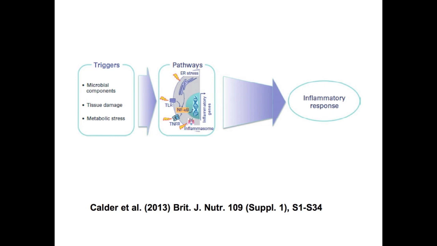The link between the presence of these triggers and the response is, of course, the molecular and cellular events that are initiated by the presence of the trigger. So there are, on the surface of many types of cells, receptors that respond to the presence of these triggers. They initiate what we call cell signaling processes, so things happening in cells, and maybe I'll talk about some of those things as we go along.